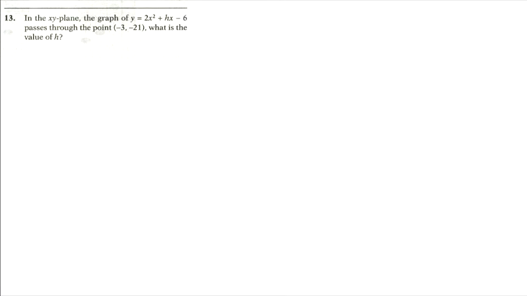The graph of y equals 2x squared plus hx minus 6 passes through the point minus 3, minus 21. So we have here y equals 2x squared plus hx minus 6.